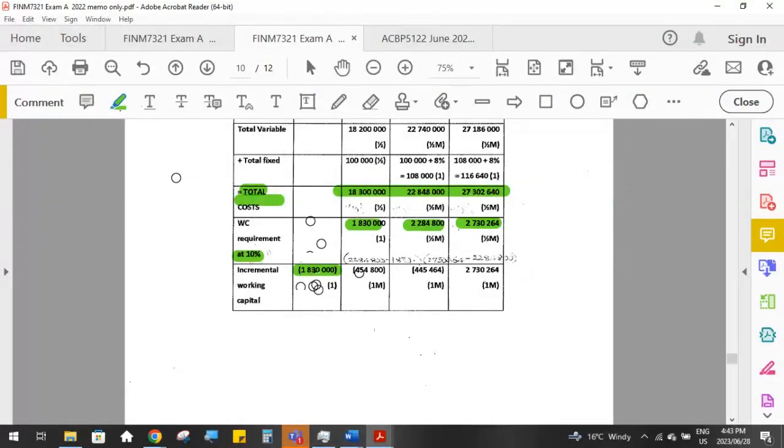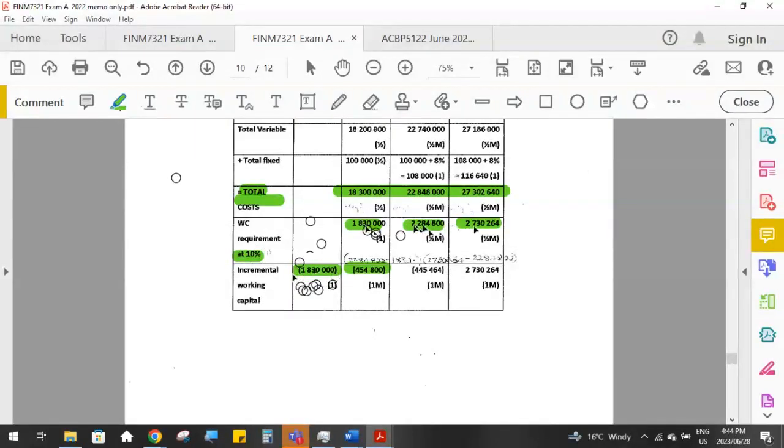And then the difference between year 1's costs and year 2's costs, that is an increase. So this will also be a cash outflow. Take note that that must be indicated in brackets because the initial investment in working capital is a cash outflow. So you must indicate with all of these cash flows, is it a cash outflow or cash inflow?